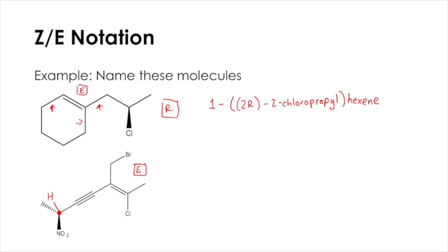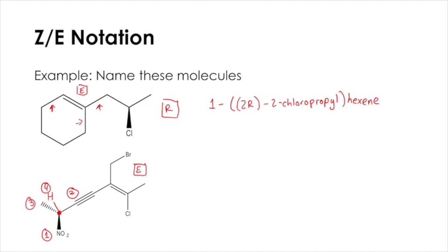And so now, prioritizing the groups, again, nitrogen is first. This carbon will be 2 because it's got a triple bond. The methyl is 3. The hydrogen is 4. Now, orienting the thumb when it's in the plane of the board is going to be a difficult task. You put it in the plane of the board, and then sweeping 1, 2, 3.